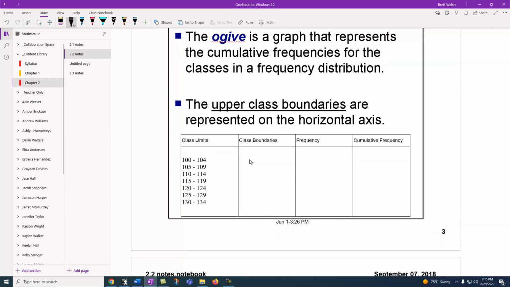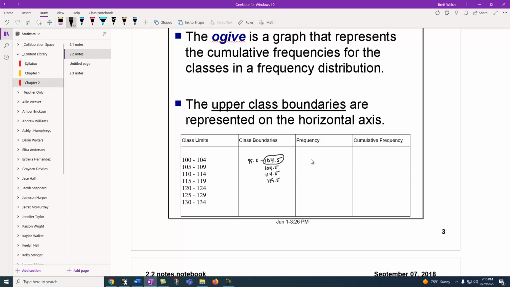And so class limits are there. Class boundaries we know are 99.5 to 104.5, and these upper class boundaries are the ones that are going to show up on the x-axis. So this would be up to 109.5, up to 114.5, 119.5. So on an ogive graph, we're going to use the upper class boundaries.